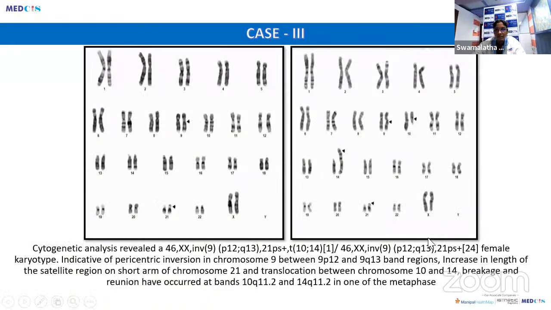Then we did a chromosomal analysis for the couple, and the female karyotype showed a pericentric inversion in chromosome 9 and also a translocation in one of the metaphases involving chromosome 10 and chromosome 14.